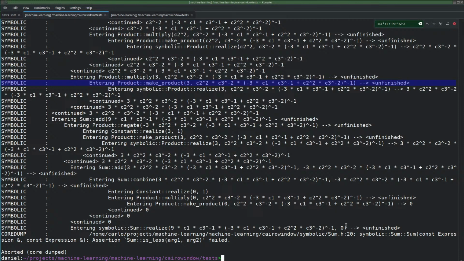Yeah, that should not be adding a 0 at all to sum.